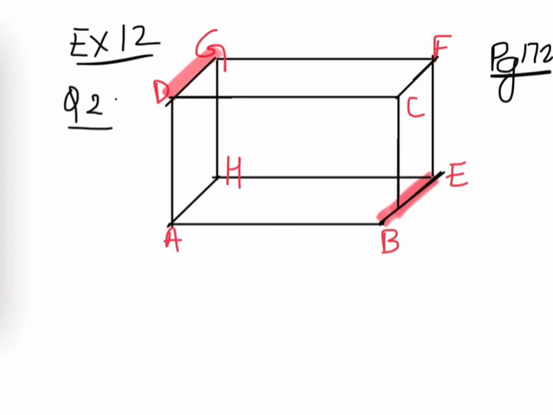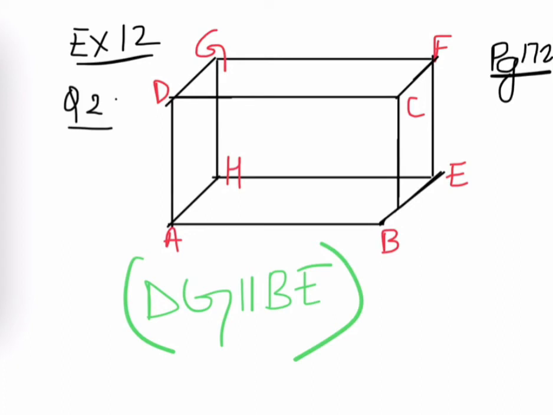Although they appear to be part of different planes, and we might consider them non-parallel lines, they will be parallel, as we can make lines here also, and these two lines will also be parallel. So DG will be parallel to BE. Also, FC would be parallel to AH. So, likewise, you can find all the pairs of parallel lines.